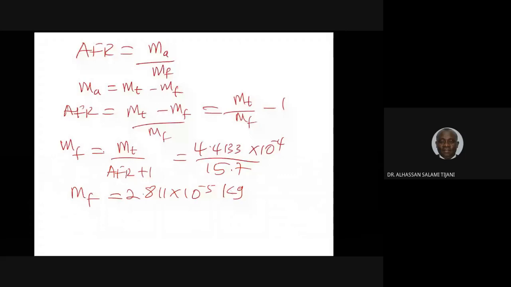In other words, S, let me change the slide. So specific fuel consumption equals the mass of the fuel divided by the total mass, times W net, times 3,600 kilojoules divided by 1 kilowatt hour.